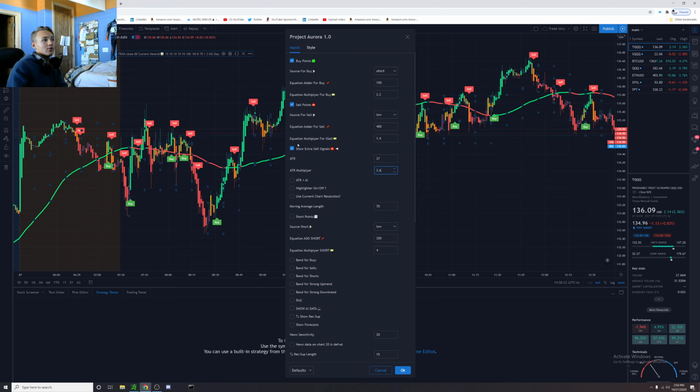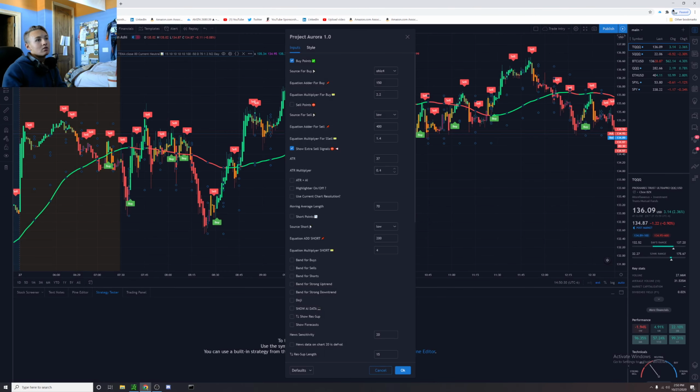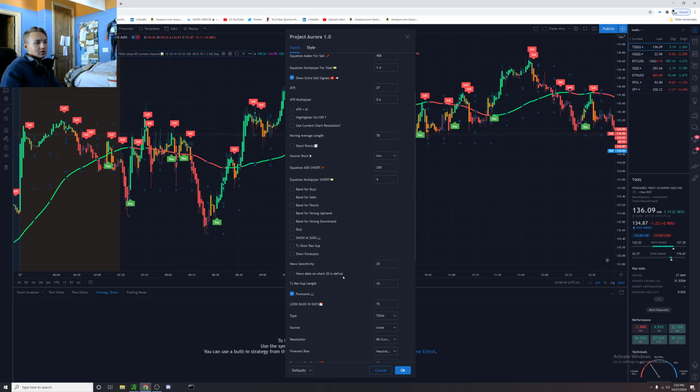Actually, I'm going to turn off the sell points for a second and just try to tune this ATR better. So 0.4. Let's see what's going on. All right, so as you can see, there's a lot more sell signals. Let's go 1.6. All right, so sell points, and those are on. I like to tune it. I just tuned it to like that.